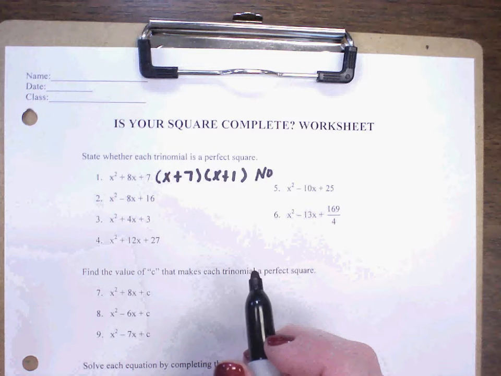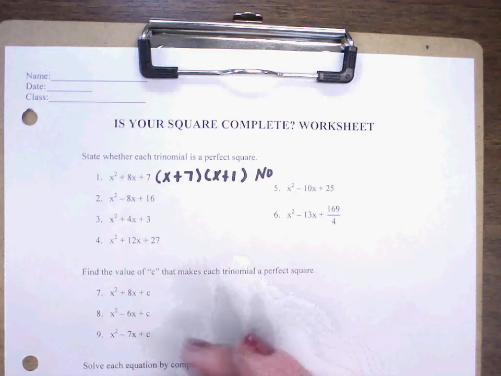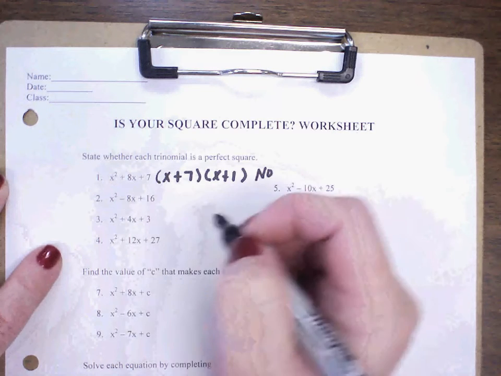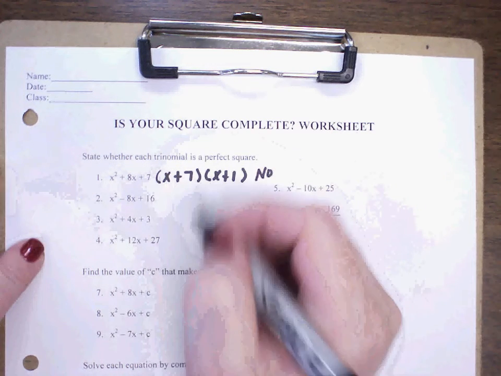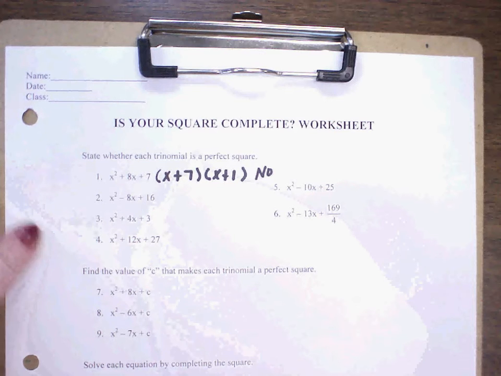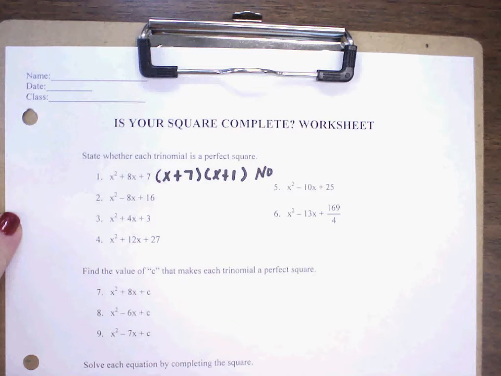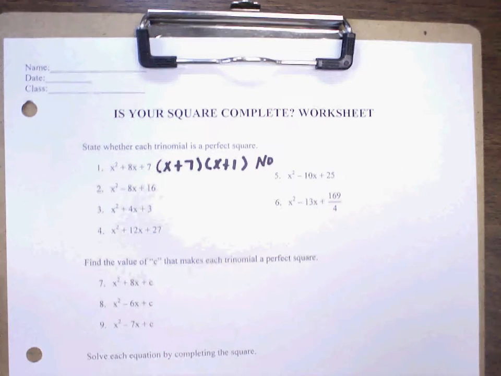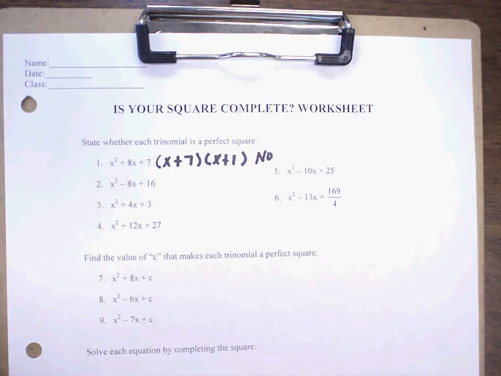All right, what about this one? Why does it factor? Plus 4? Really? When you add a plus and a minus, you're going to get a negative 8, right? How does it factor?